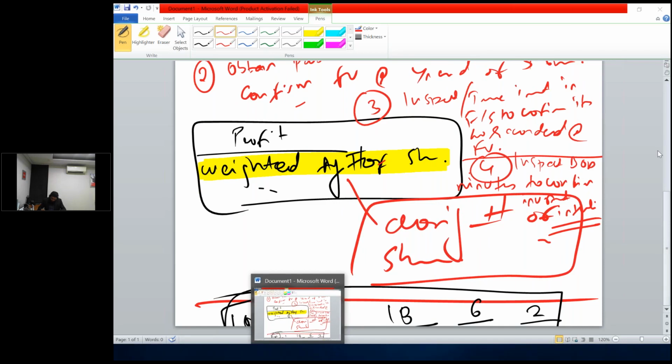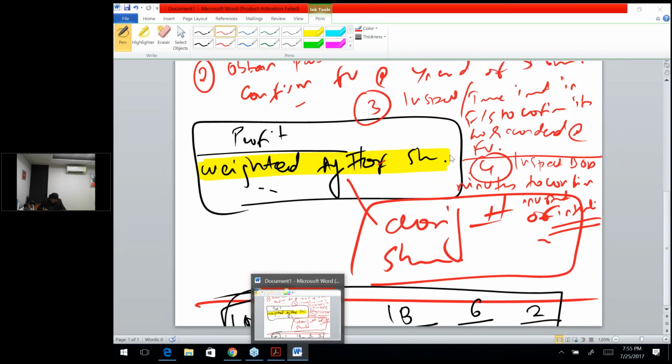Now let's move forward and talk about how you can demand written representation. The third one of them is basically inspect the board minutes. No, not the board minutes. You could actually trace the financial statement to confirm that it has been shown at the correct value.